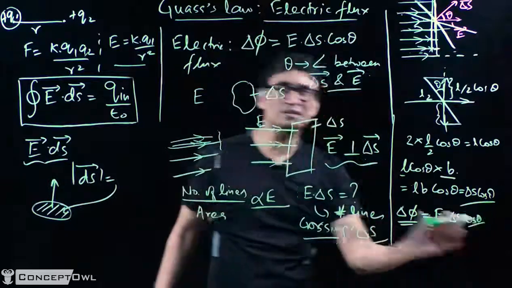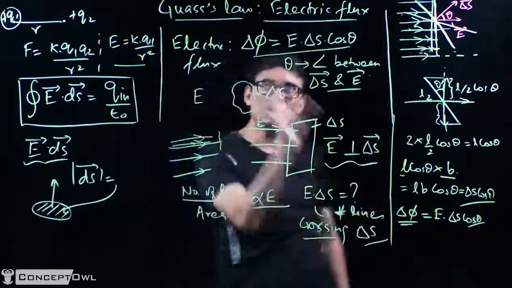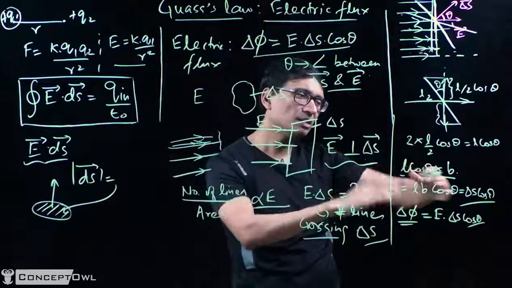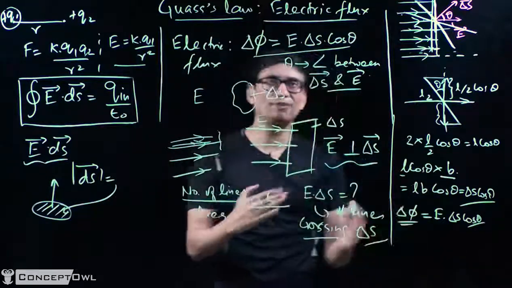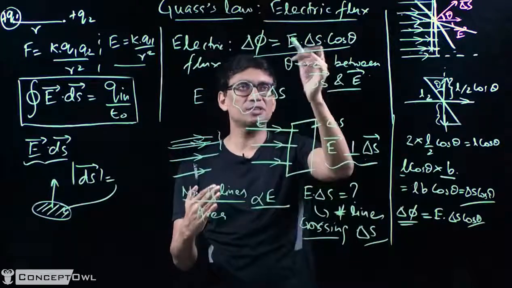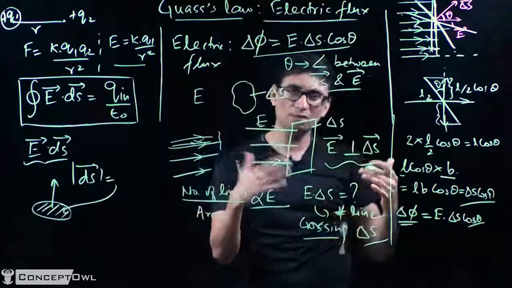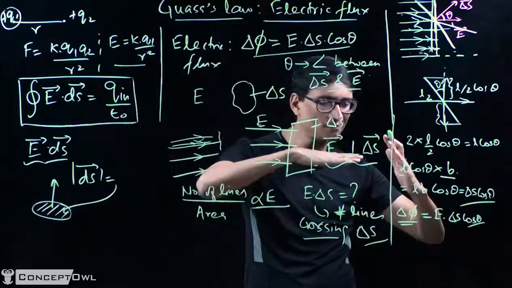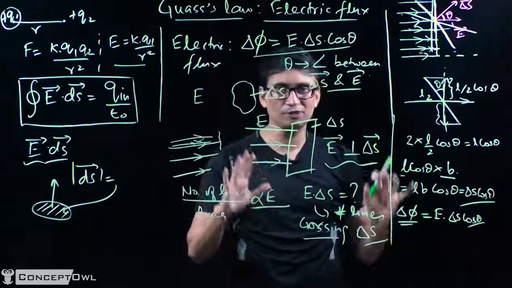And this is nothing but what I gave here. So this was the definition we gave, and now I have given you the idea behind that flux. Electric flux is defined as E dot delta S cos theta, and intuitively what it means is the number of field lines that are passing through an area element, right? So this is the definition of electric flux.